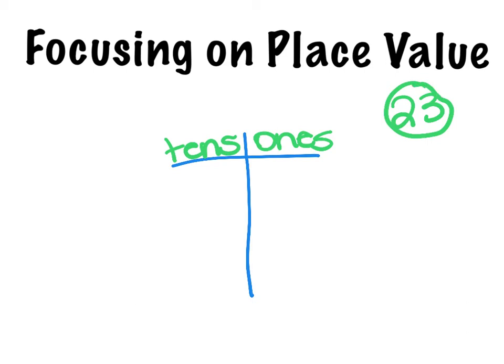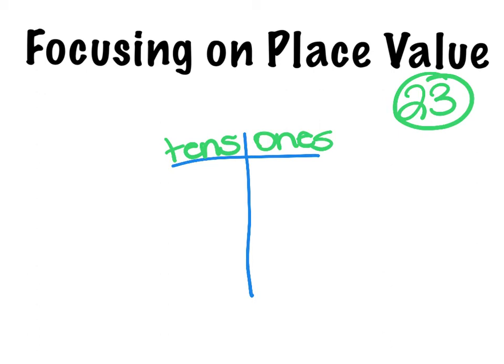So what will happen, you can have them write the number 23, or you can do this in a group, whole group. Kids are on the floor and you're modeling it. So they're going to create the number 23.